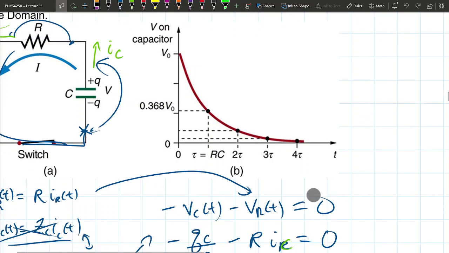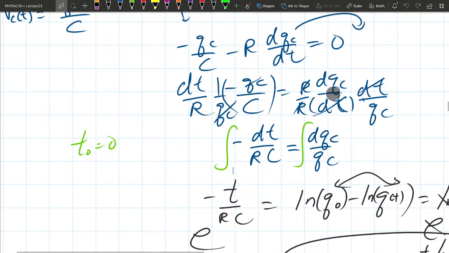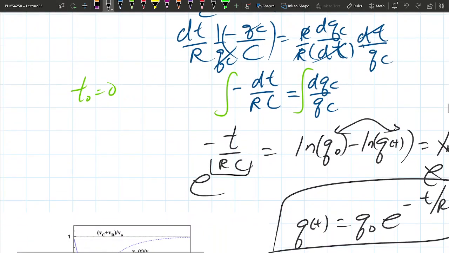And why did they call this RC? It's because it's what's in the denominator here. When t is equal to R times C, you have e to the minus 1. And e to the minus 1 is a special number because that's the decay constant.